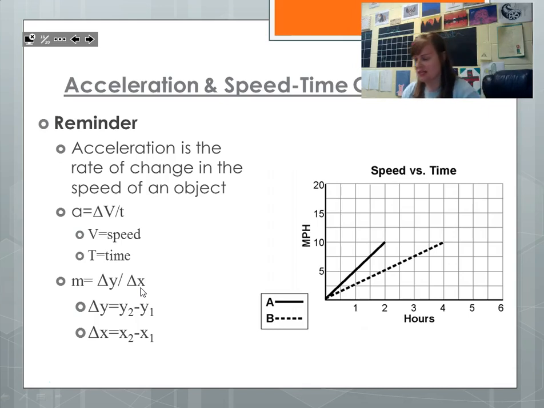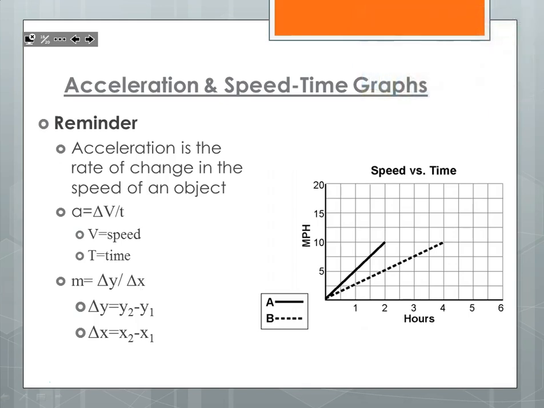All right, so let's look at this one real quick. Let's see how we can find acceleration based off of a linear, I keep on wanting to say regression, but to me it doesn't sound right, but off of a line, I'm going to say line and stop trying to confuse myself. So it tells us in our key that we've got line A that is a straight line, and then we have line B that is the dotted line.